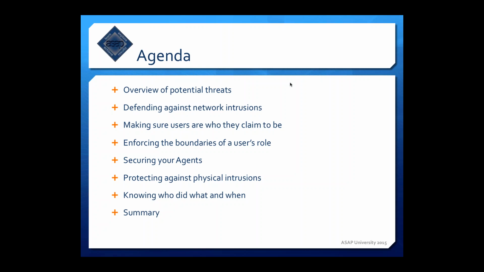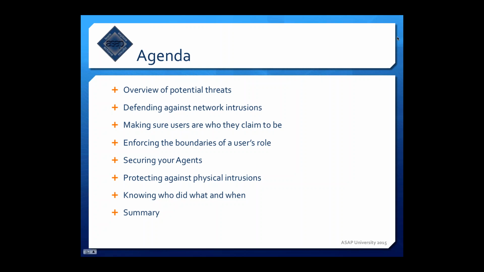How do we secure agents, specifically SSL agent communications issues, protecting against physical intrusions, how to mitigate those risks, and finally, who did what and why: auditing. It's a really important component as well. And we'll follow up with a summary. It's the security hardening we can do to mitigate the risk to the environment as a whole.